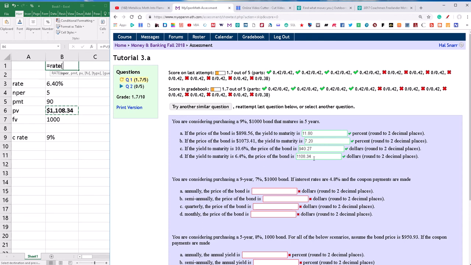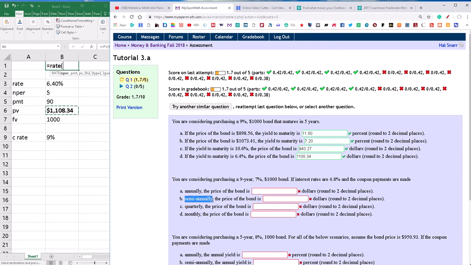Okay, now in the next scenario, you're considering a 9-year, 7%, $1,000 bond. If the interest rates are 4.8%, we're going to hold the interest rate constant at 4.8%, and then we're going to allow the number of periods to increase. So in part A, we have 7 annual payments.